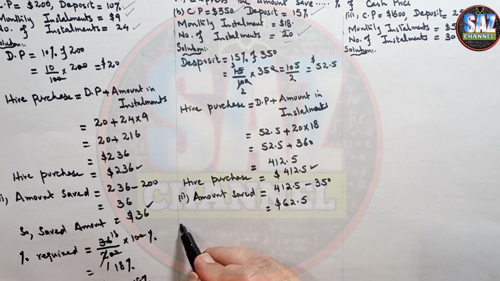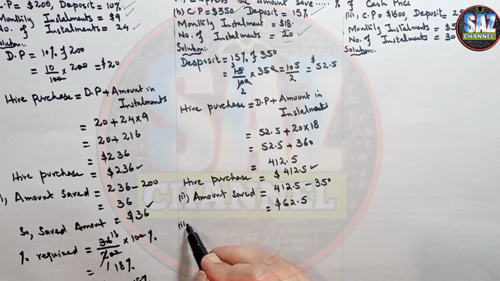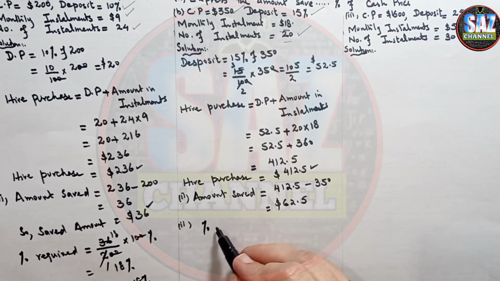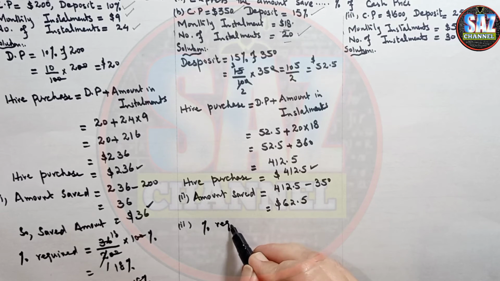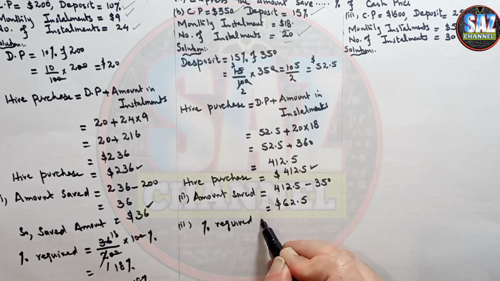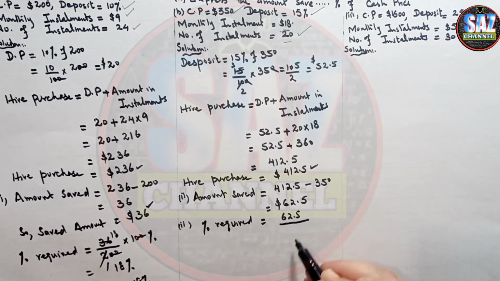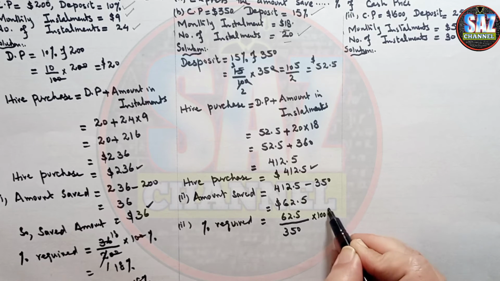And now the amount saved we have calculated, and now we have to find the percentage that I can save. Percentage required equals 62.5, the saved amount, upon the original price 350, multiplied by 100%.